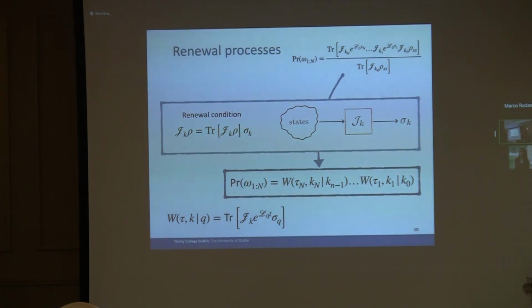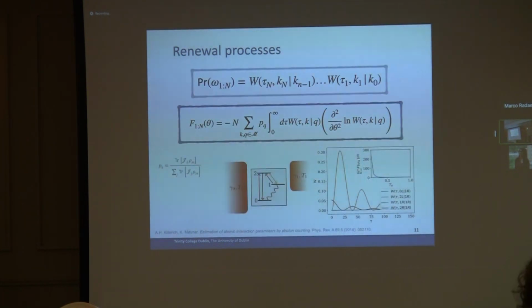If furthermore there is only one jump channel, the condition on the previous jump channel is trivial, and we get directly an IID process in terms of the jump channels. For renewal processes, by exploiting this representation, we can at this point write a simple and analytical expression for the Fisher information, which is what we find here.